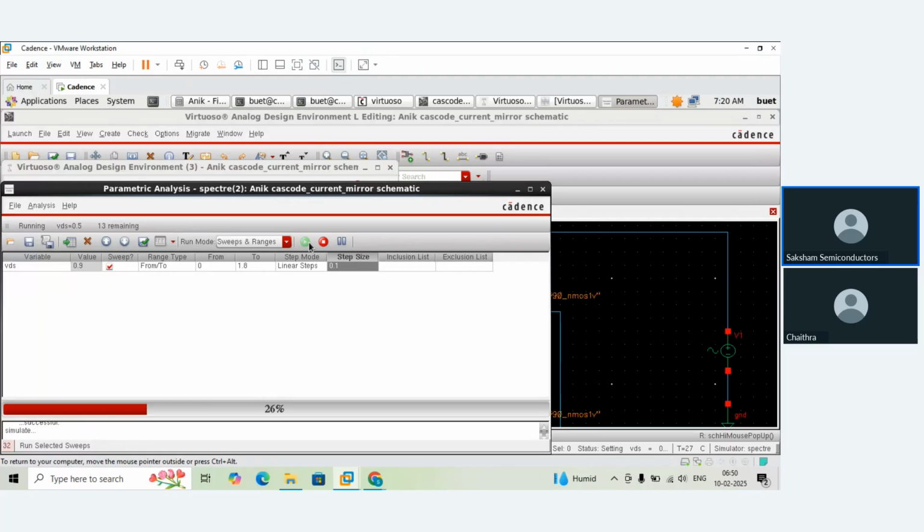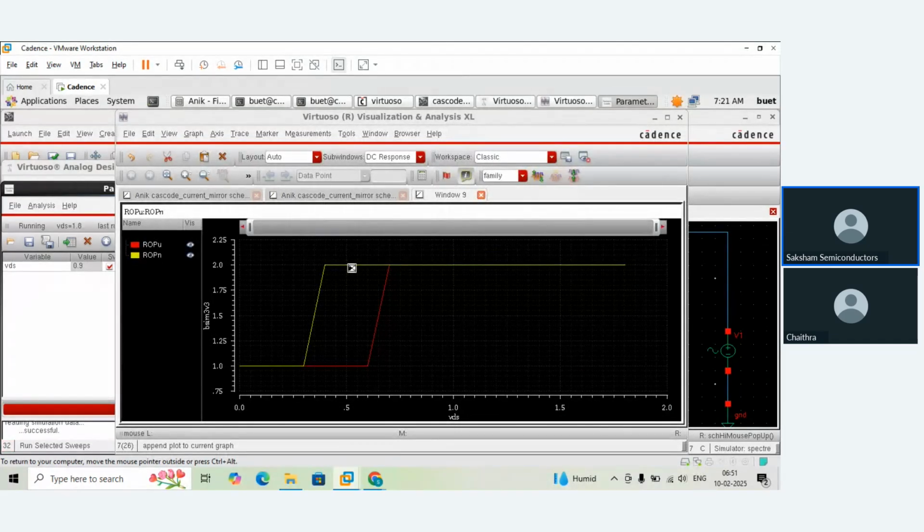So once I run this, I'll obviously be able to see two small curves, which are going to tell me the region of operation for both transistors. So this indicates 400 millivolts is the voltage at which the down transistor enters saturation.